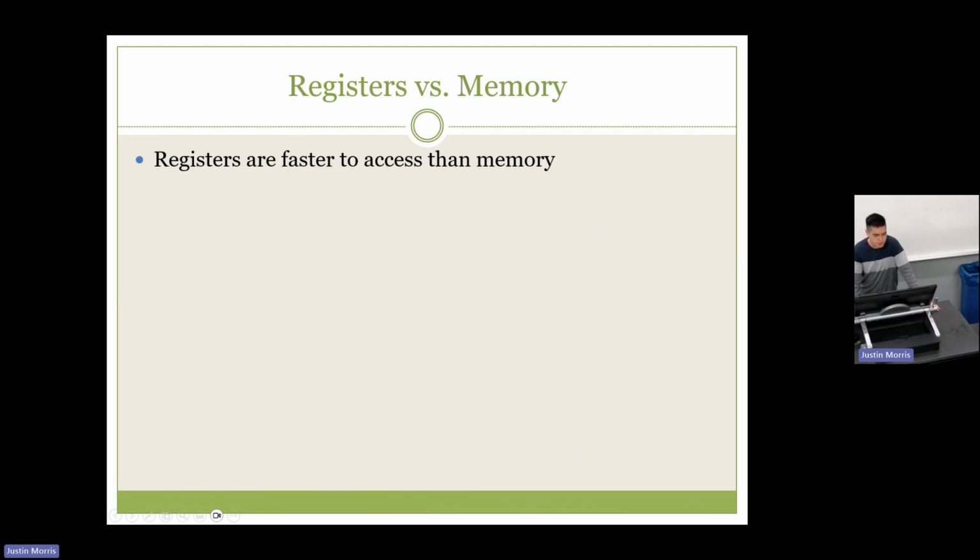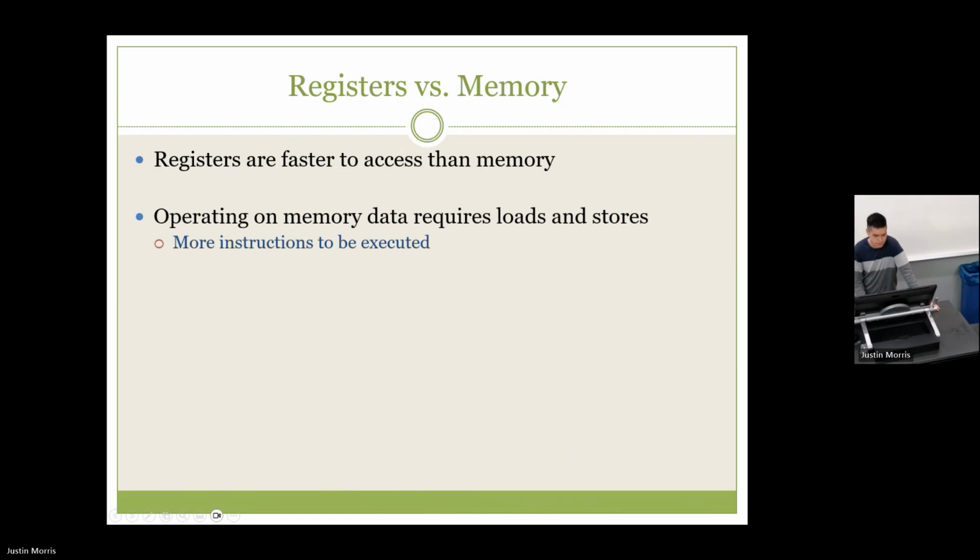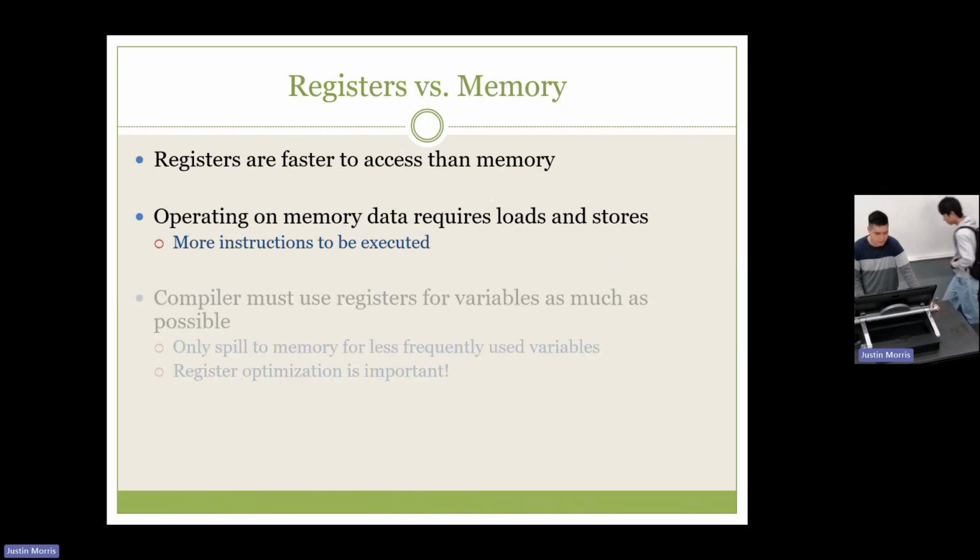All right. So one key thing that we should always remember is that registers are much faster to access than memory. And in order to operate on memory data, we need to load that data into our register file. So this requires a few more instructions to be executed rather than having instructions that directly modify or use memory as an operand.